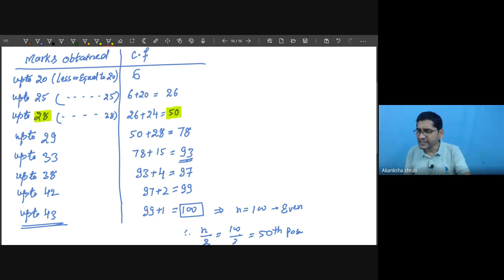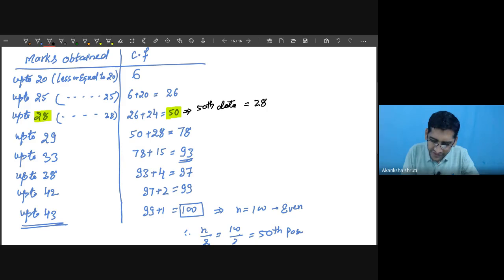After this 50th data, the 51st data will jump to the next one. Okay, student? So this implies the 50th data is 28, and the 51st will jump to the next one, which is 29.